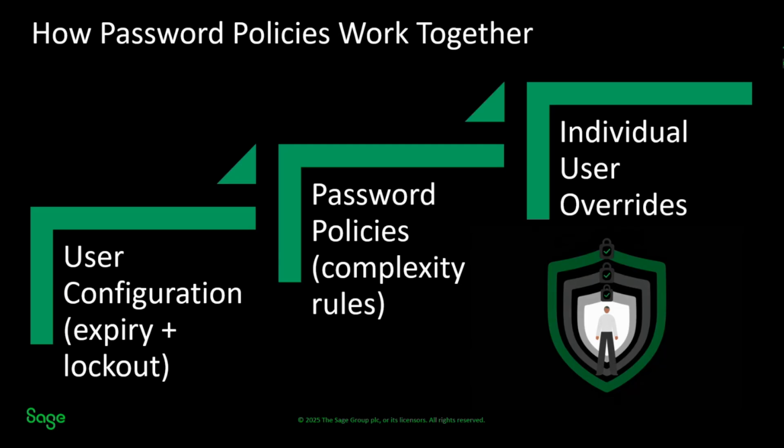So security within Sage CRM is layered. It's highly layered. User configuration controls expiry duration and the lockout timeout. Then the password policies are to do with the complexities of the individual passwords, the structure of them, the validation rules, and then the exceptions come in at the individual level. But all of that provides comprehensive password governance.